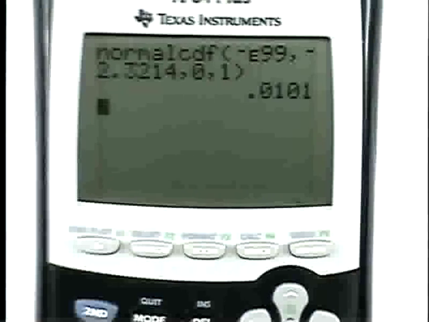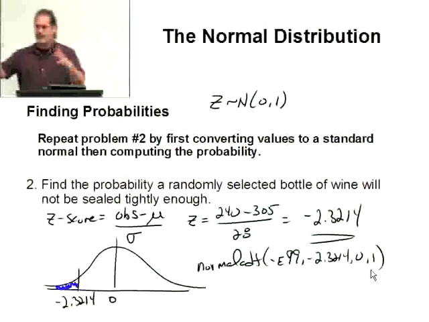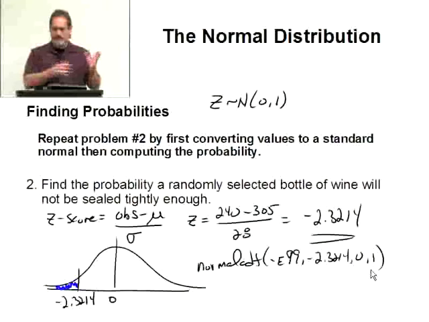That should be 0.0101. It is. When we transform a non-standard to a standard normal, and we calculate probabilities, the area is the same. We're just transforming. We're just basically changing the dimensions on it. It's no big deal.